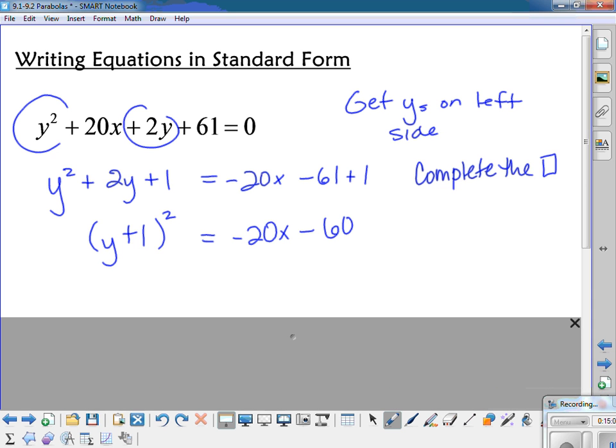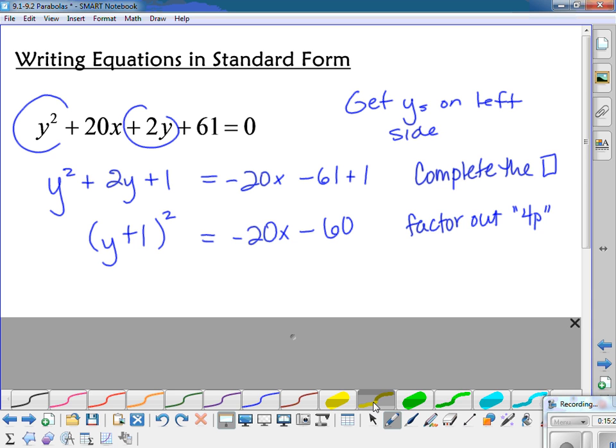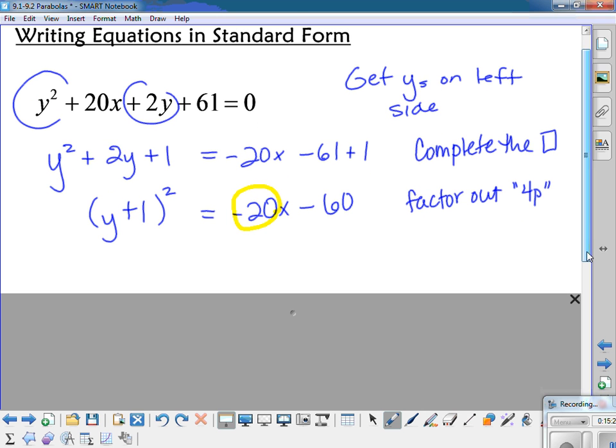So now I've got minus 60. And the last thing is I need to have my 4p out in front. I still want to have a parentheses with the x to figure out the rest of the vertex. So I'm going to factor out the 4p, in this case the negative 20.